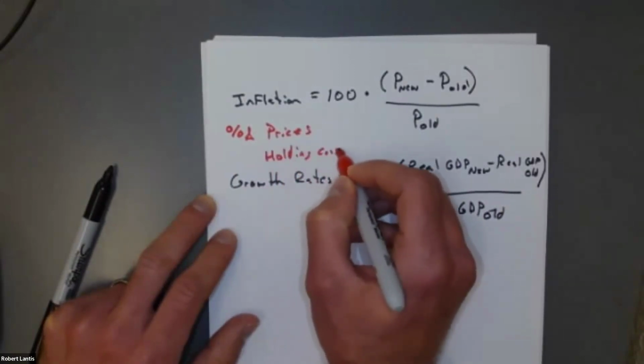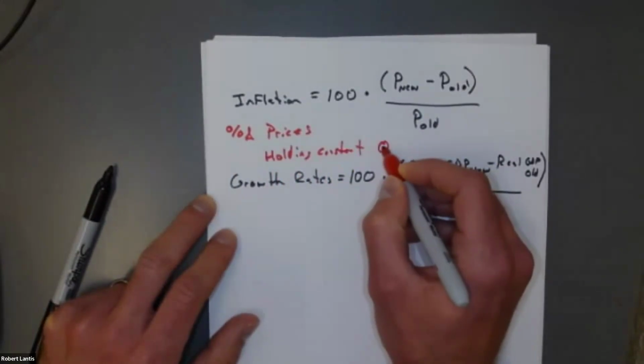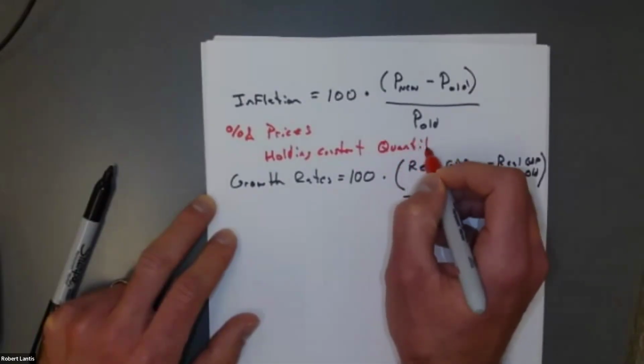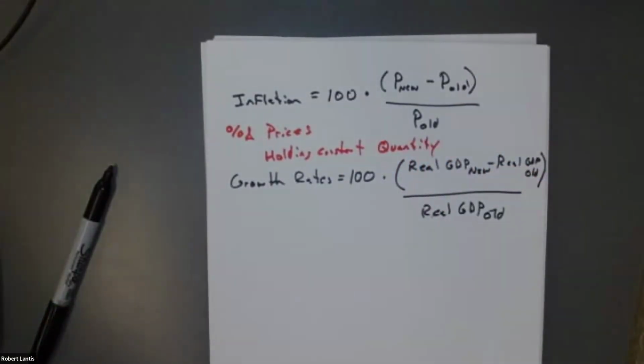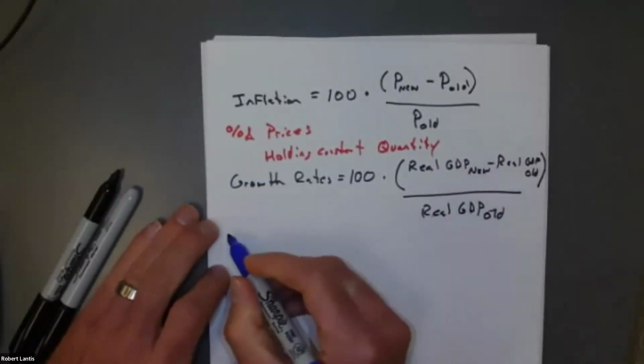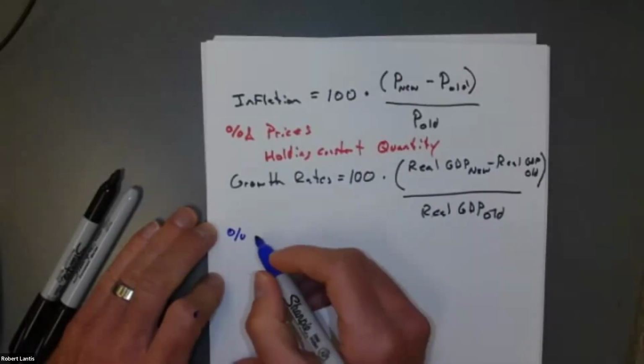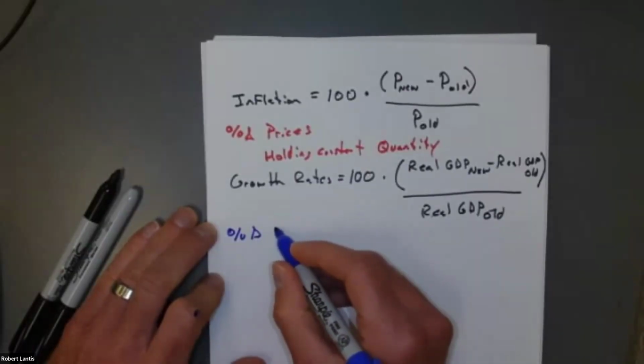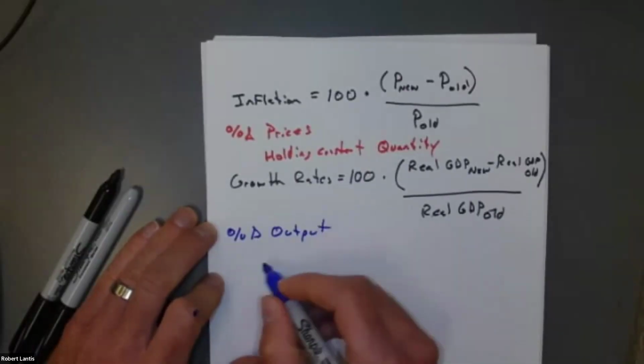We were looking at the same market basket, so we held constant quantity. What are we trying to do with real GDP? What we're trying to do is control for prices. So our growth rate, if we're using real GDP, should be the percentage change in output.